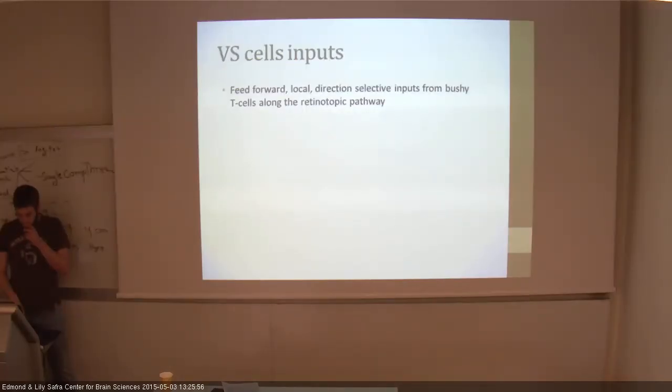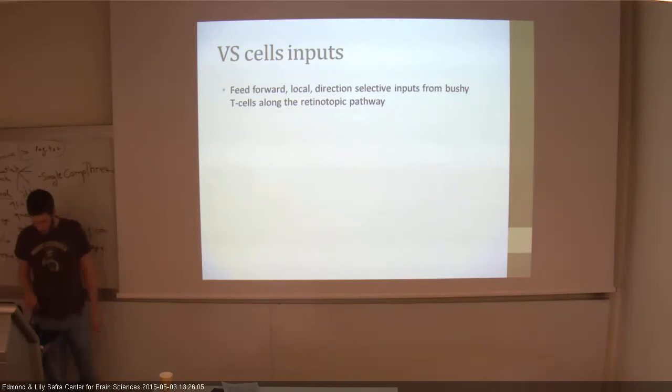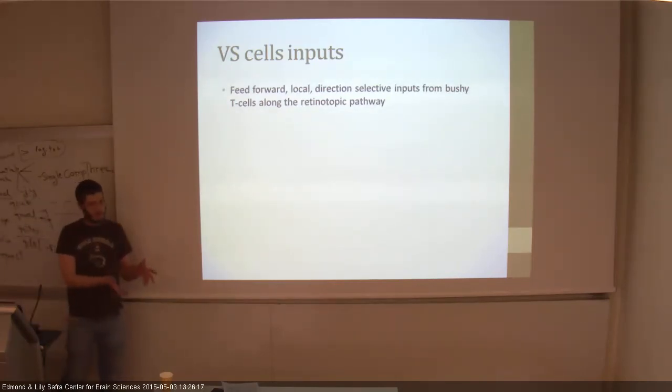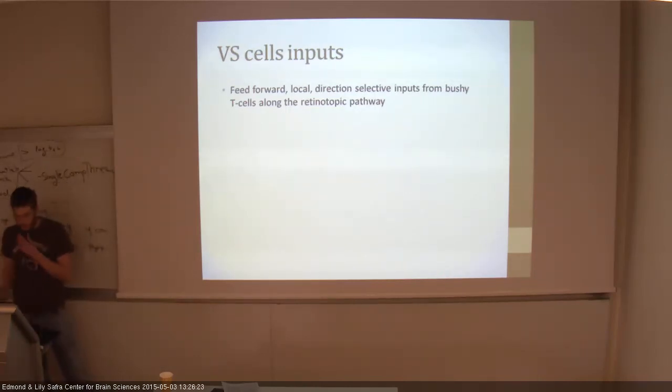The inputs that these cells get: first of all, they get feed-forward, local input. Feed-forward means they get input from the earlier layers. Local means there isn't a lot of crossing between dendrites, so the input to a single dendrite will be from nearby neurons and not from very distant neurons in the previous layer.